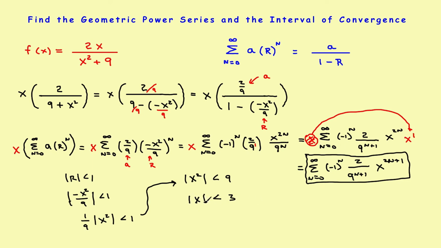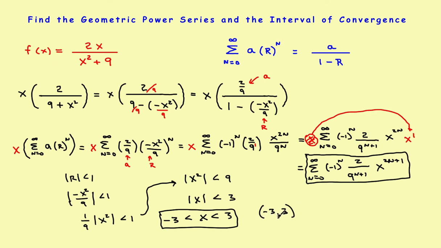And then if you've got an absolute value less than 3, that means that x itself has to be less than a positive 3 or greater than a negative 3. And that's going to be the interval of convergence. And again, if you want to, you can write it in interval notation as minus 3 and 3. So you could write it like that.